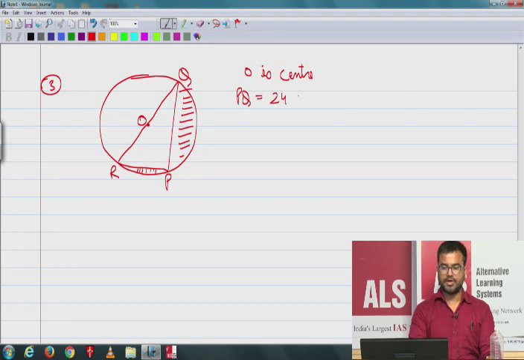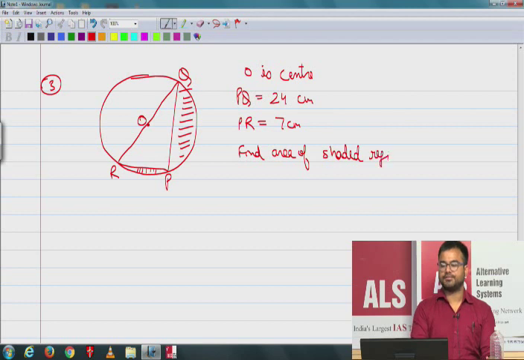PQ is going to be 24 centimeter, PR is 7 centimeter. Find the area of the shaded region and use pi as 22/7.